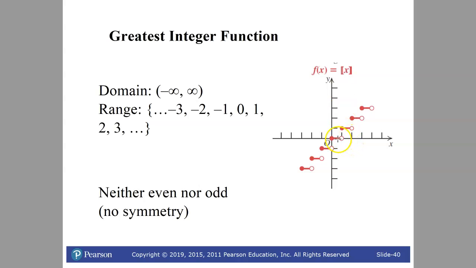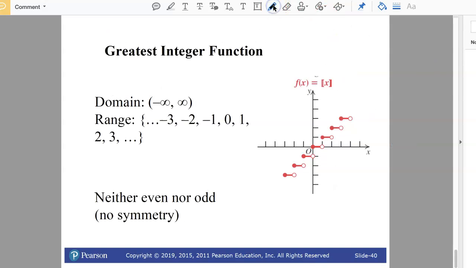So, for instance, let's say I write int, because that's another way that we write this. So int of whatever x is.